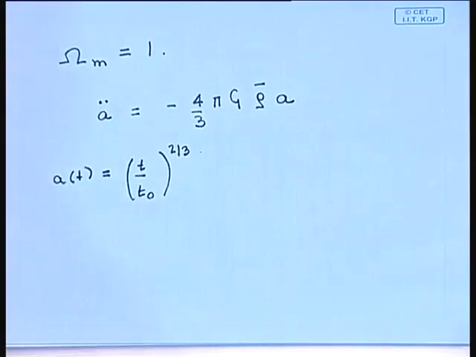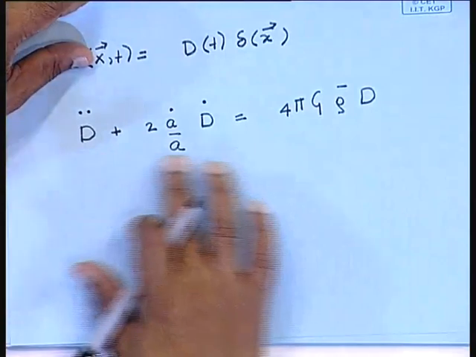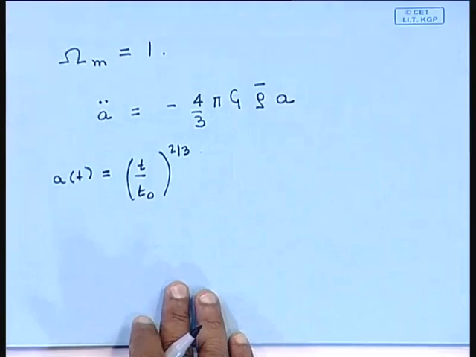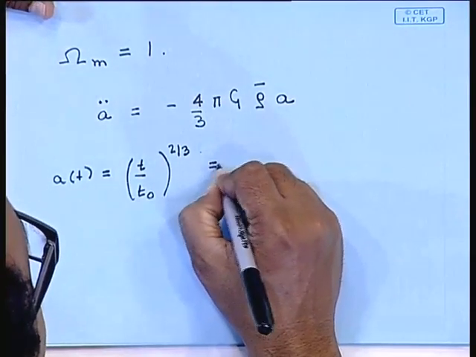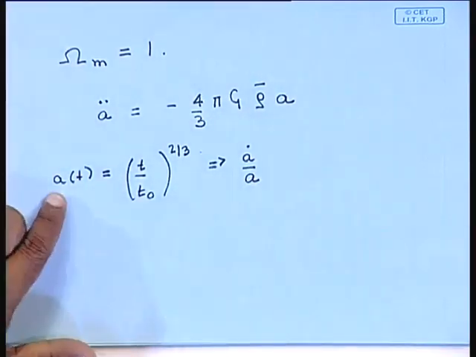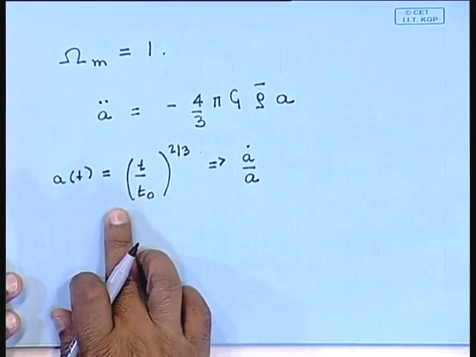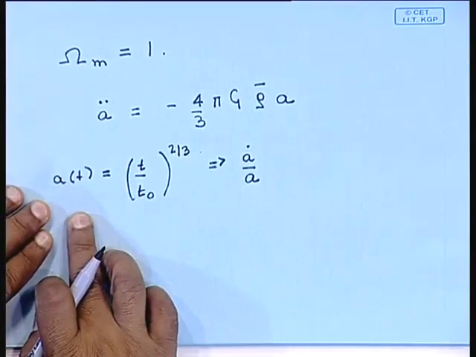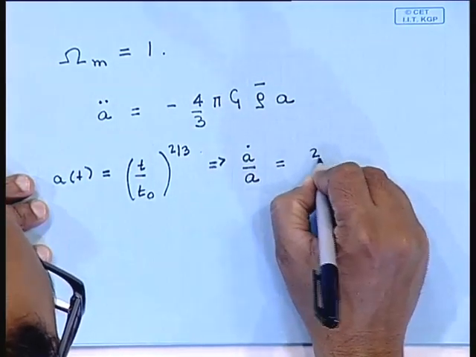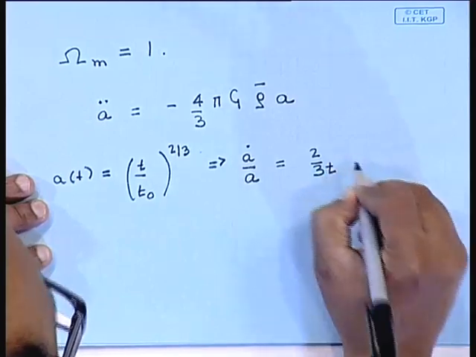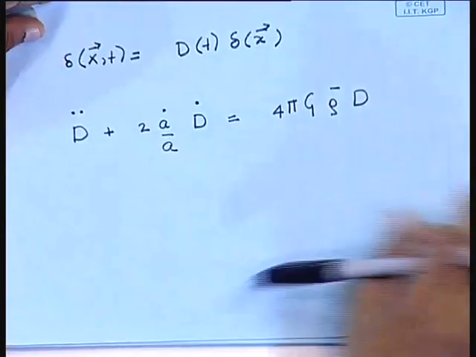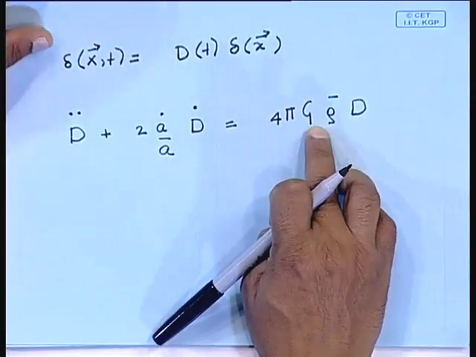Okay. So now we want to use these here. How much is A dot by A? We have also worked out A dot by A here. If I differentiate this, I will get 2/3, and then if I divide by A again, I will get 1 by t. So this was equal to 2 by 3t. Now, we also need this 4 pi G rho bar.